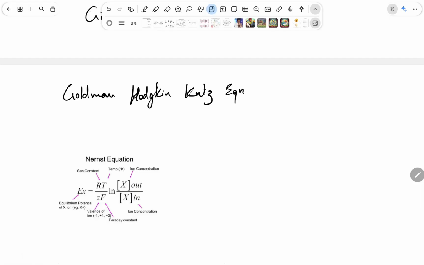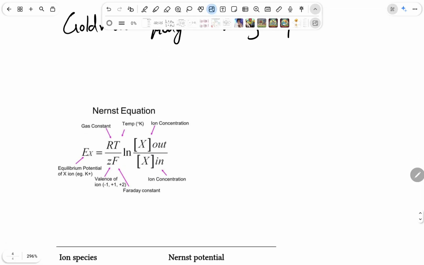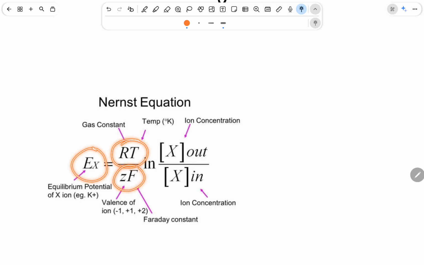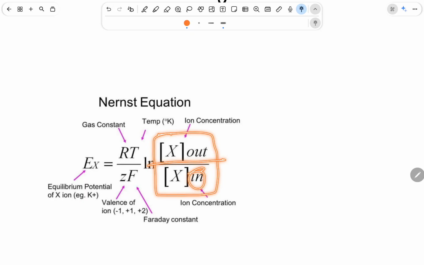So here we have to see that Nernst equation is represented as the equilibrium potential of ion X is equal to RT by ZF, and the log of the concentration of that ion outside the membrane by inside the membrane.